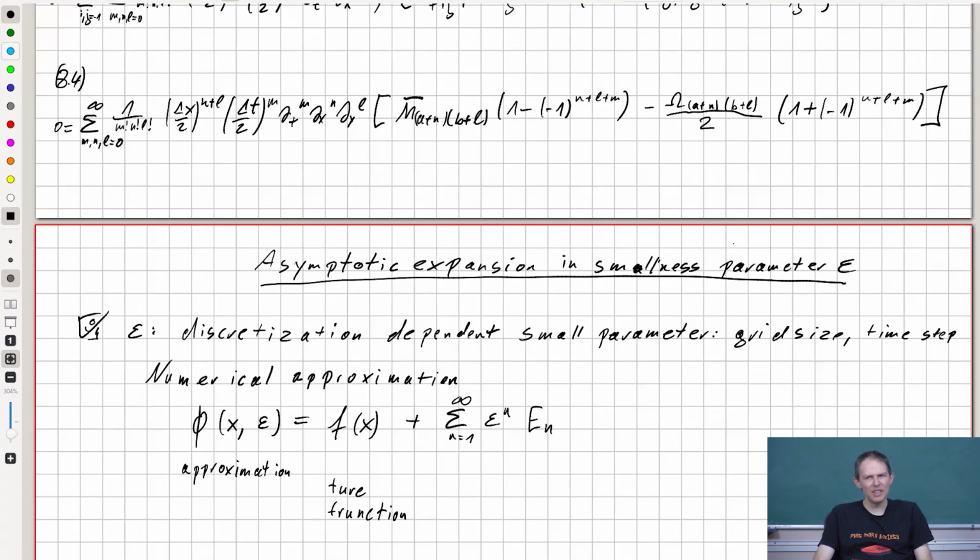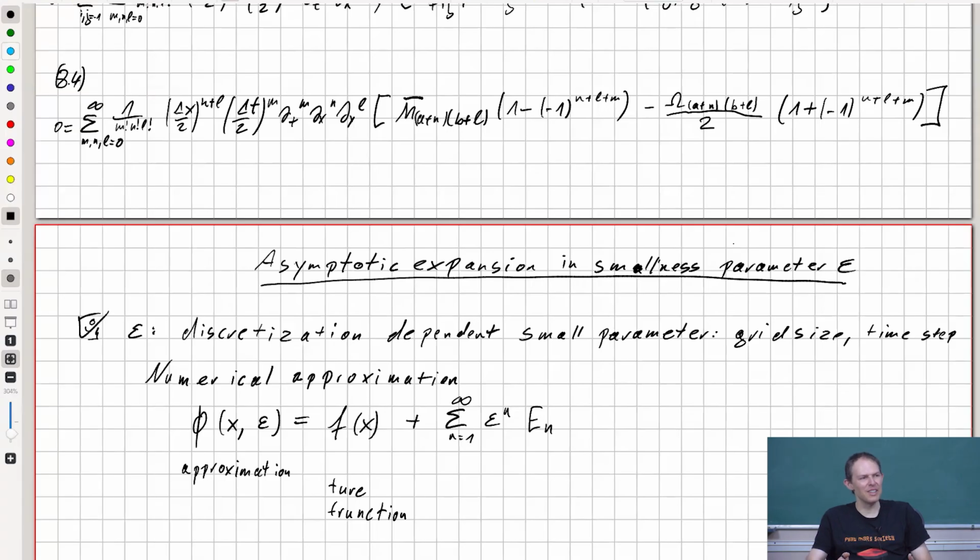So the entire purpose of numerics, I'm still audible, right? The entire purpose of numerics is that you want to calculate a function like the solution of a partial differential equation that you cannot solve.